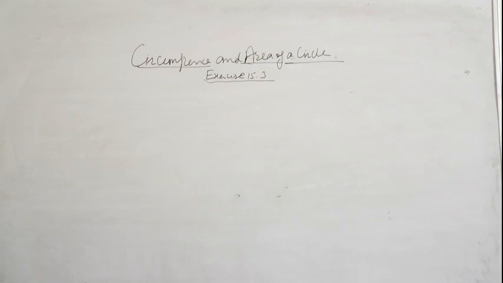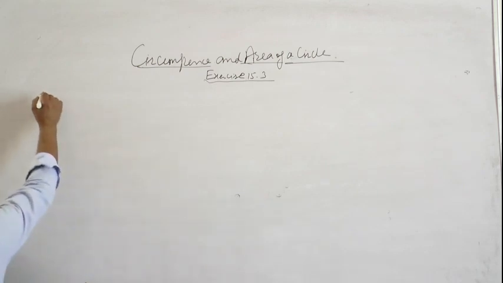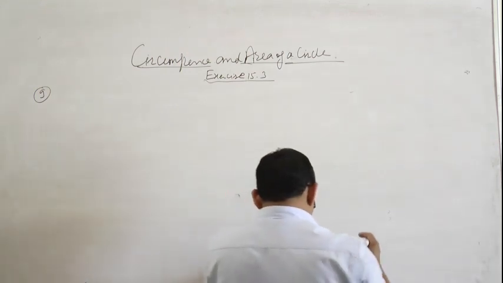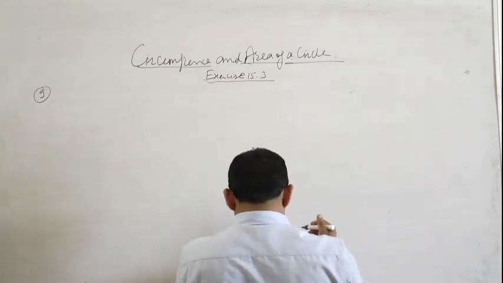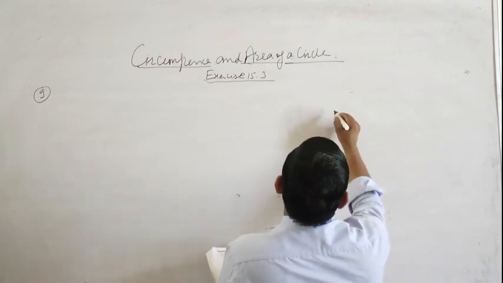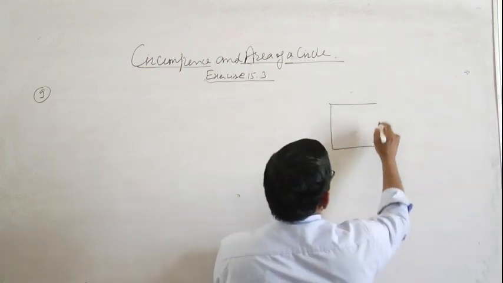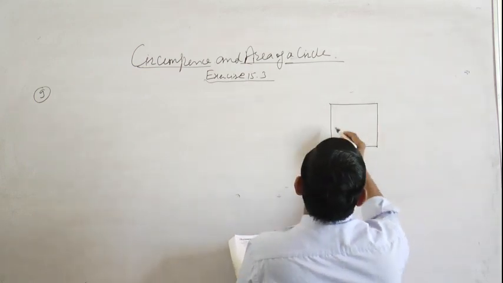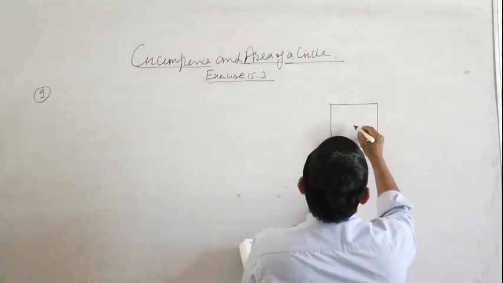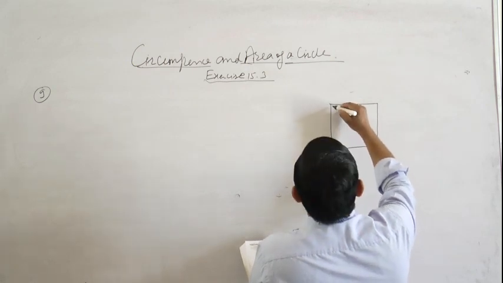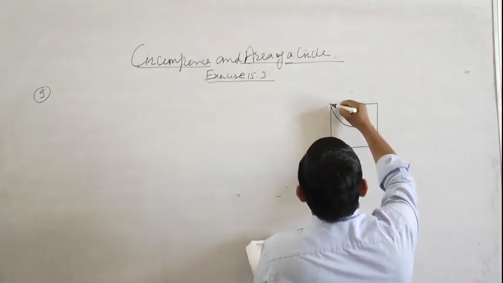Now next is question number 9. Question number 9 again is a very important question. Find the area of shaded design of the given figure where ABCD is a square. In this question we have designs.